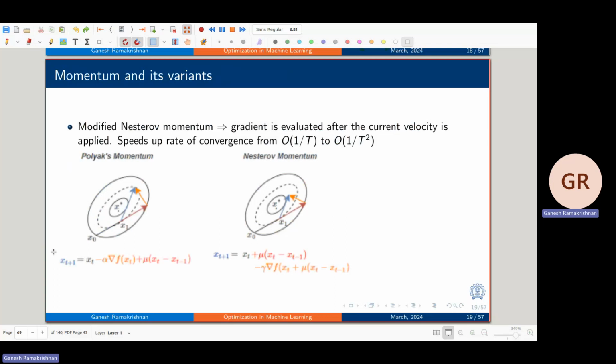So it's not gamma here. So I'm just going to write it slightly differently.